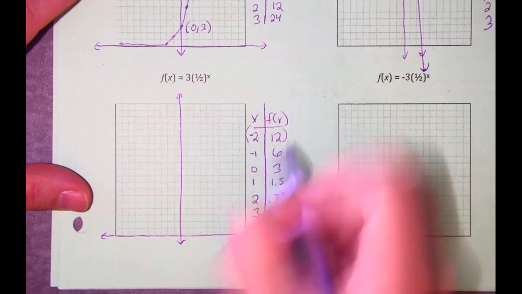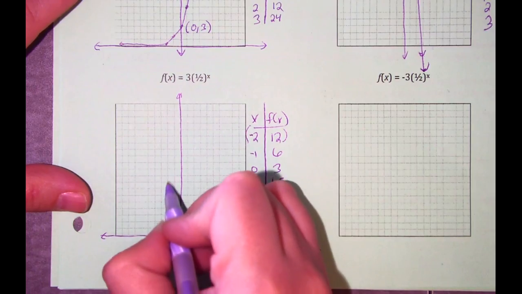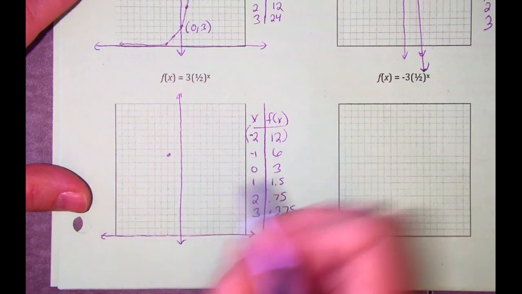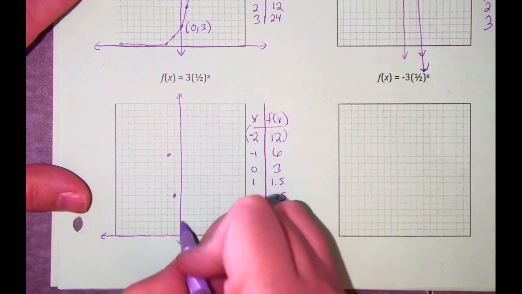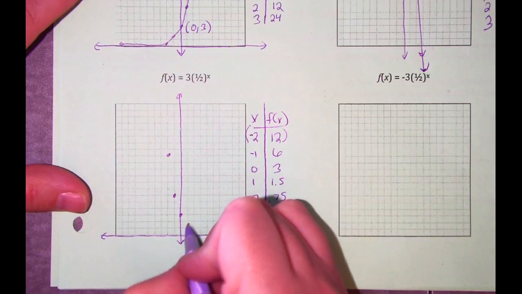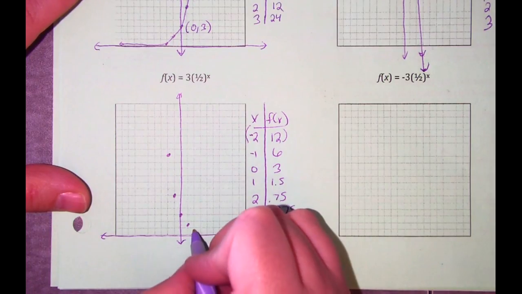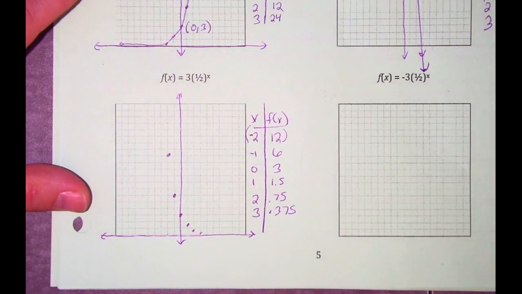Remember, each of these is an ordered pair. So -2, 12, -1, 6, 0, 3, 1, 1.5, 2, .75, 3, .375.